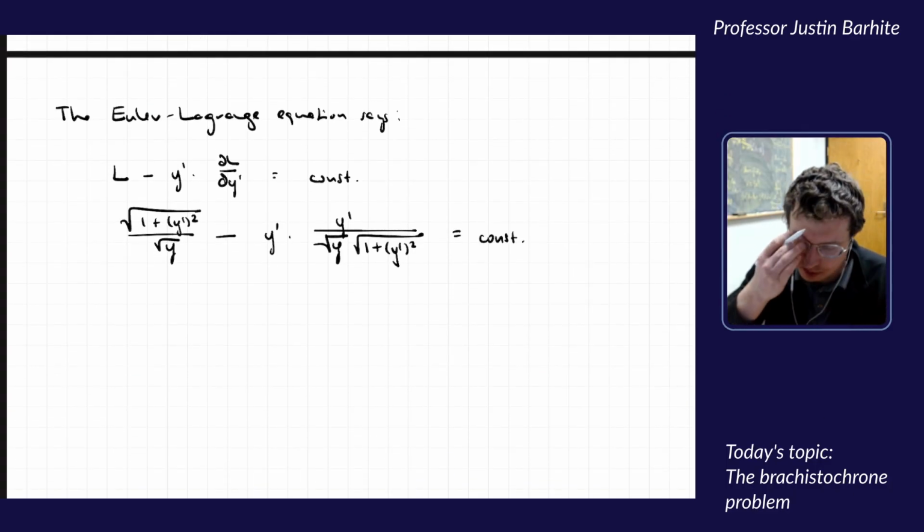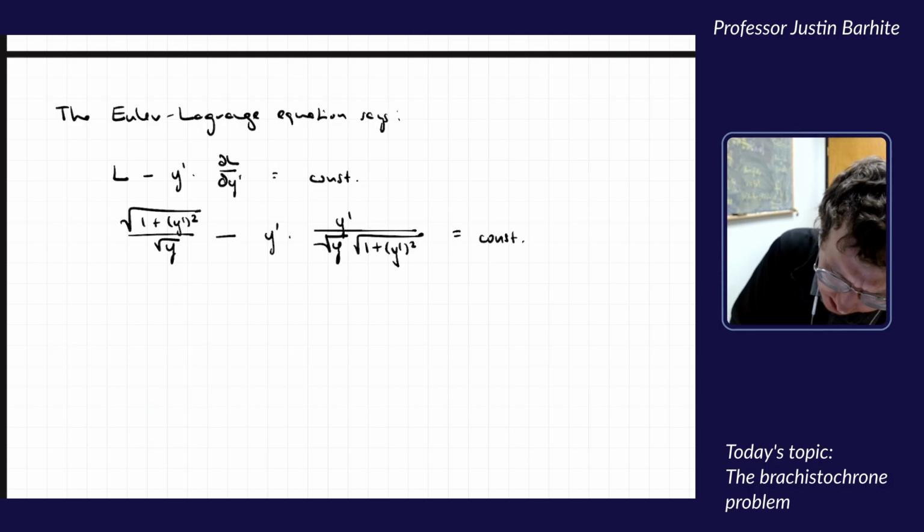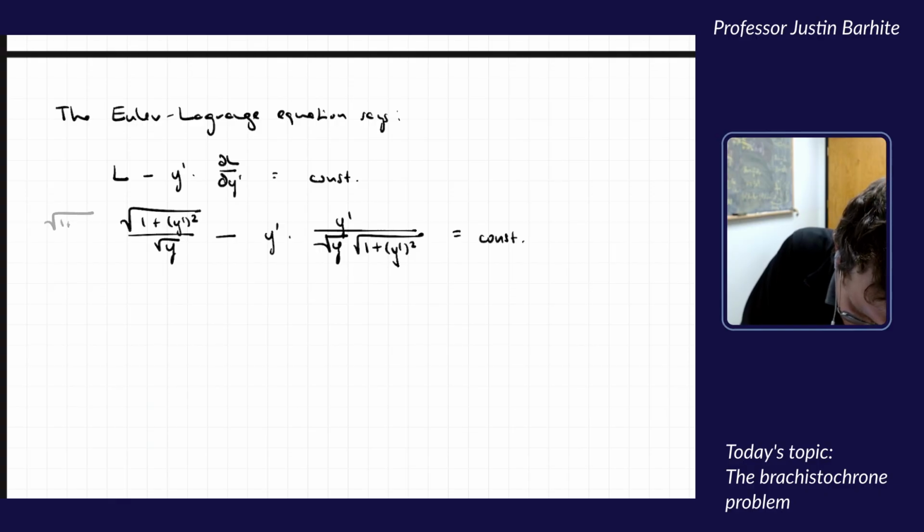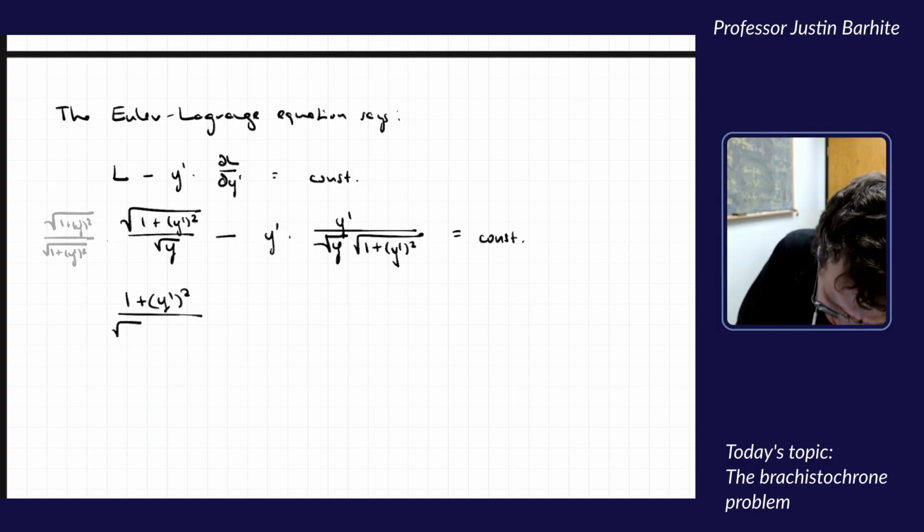But this actually simplifies. I have 2 fractions here. So to combine them, I'm going to get them over a common denominator, which all I have to do is multiply this first fraction by root 1 plus y prime squared over root 1 plus y prime squared. And then in the numerator, the square roots go away, and I just have 1 plus y prime squared. And in the denominator, I have root y and root 1 plus y prime squared.